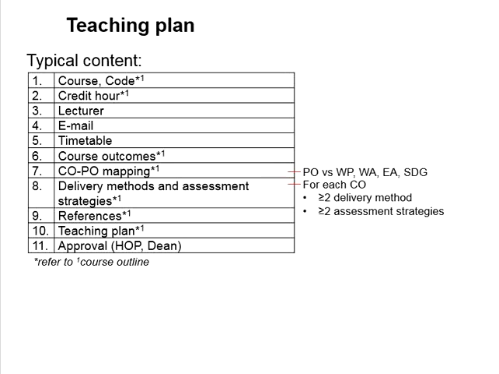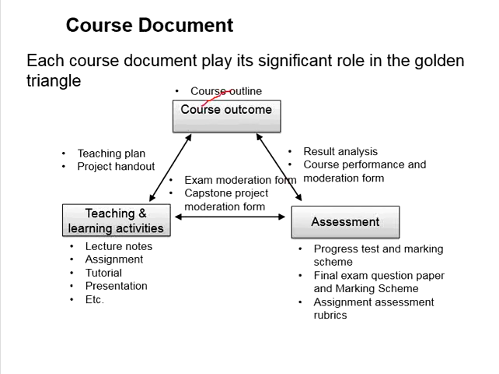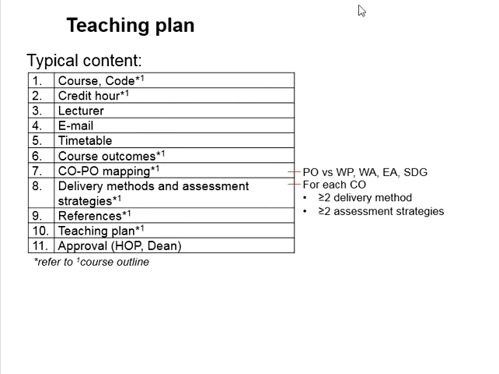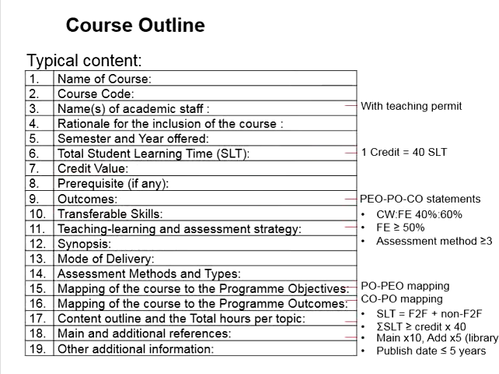Since it is now within the teaching and learning activities, there should also be relevant assessment. This is to ensure all these are intact. And then, the lecturers are given flexibility in terms of planning the delivery methods as well as the assessment strategy. These delivery methods and the assessment strategy will have to be in line with the teaching and learning and assessment strategy as specified in the course outline.